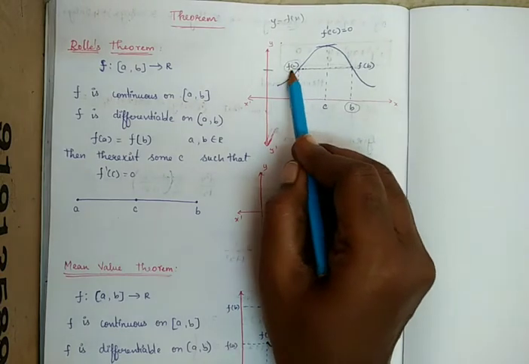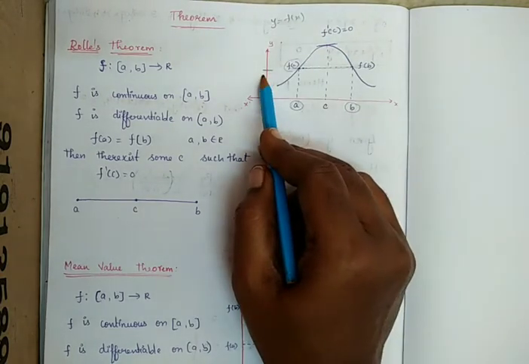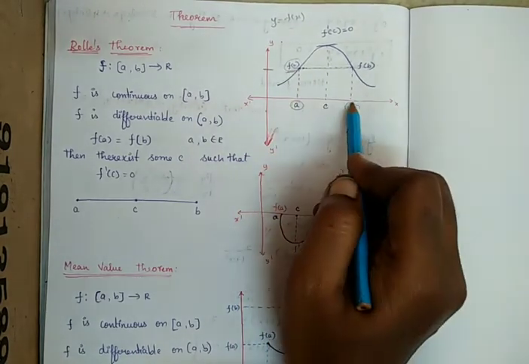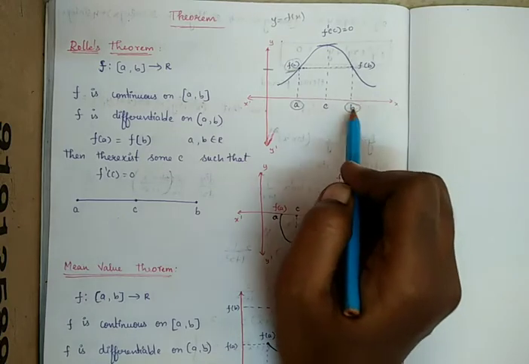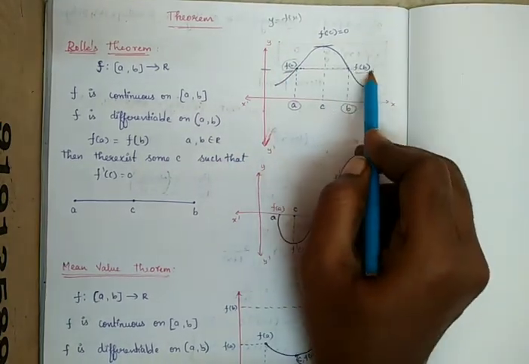That is f(a). When I apply a in this function, the answer I get for y is my f(a), and when I apply b, what I get here is f(b).